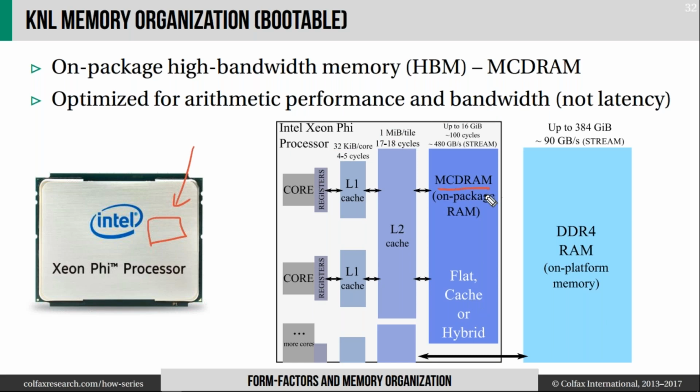It is based on the MCDRAM technology, multi-channel direct random access memory. And it is also limited in size, up to 16 gigabytes. But the bandwidth that you can achieve from it is 3 times that of the GDDR5.